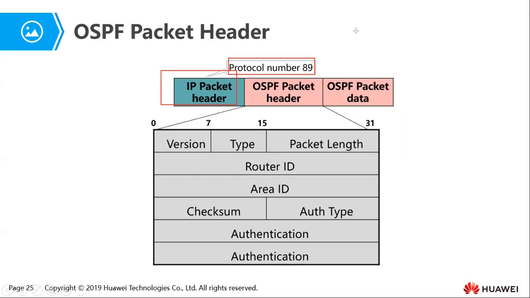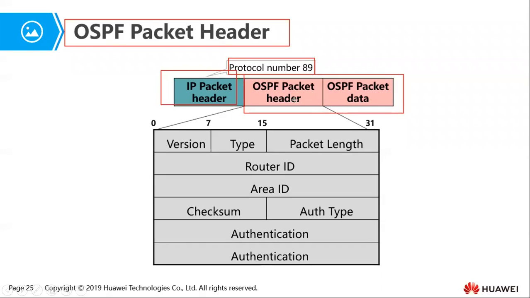Now, all those OSPF packet types, the 5 packet types that we mentioned, must have an OSPF packet header. The first part of an OSPF packet is the header, then the second part is the data.